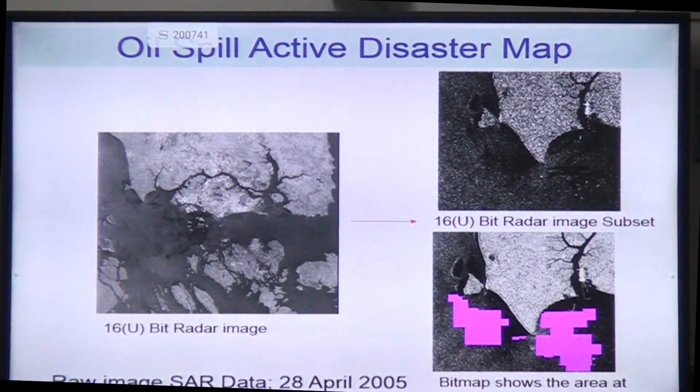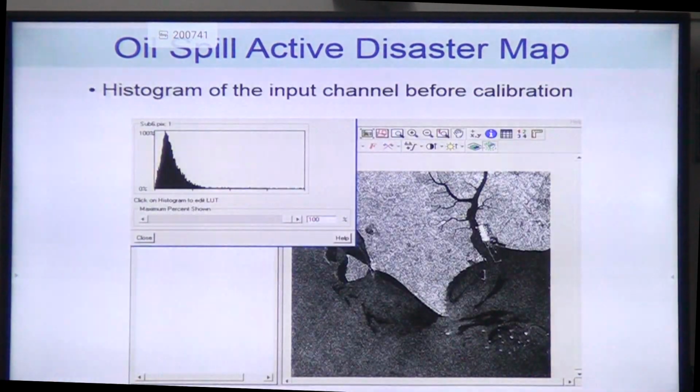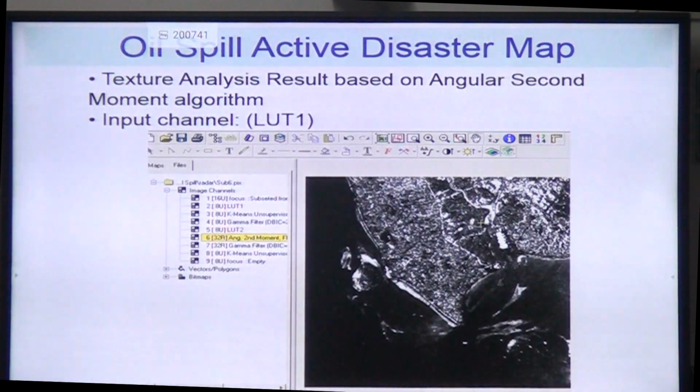This is the 16-bit image. Now we are just focusing on the area that we masked out. We are not interested in the entire image anyway, just in this part. Then this is the histogram, as you can see. Then we did the calibration of the histogram, as you can see here.